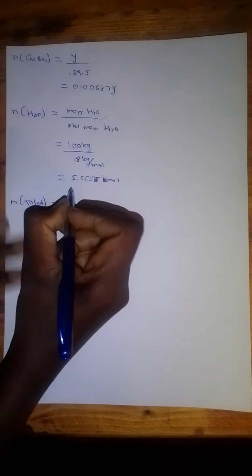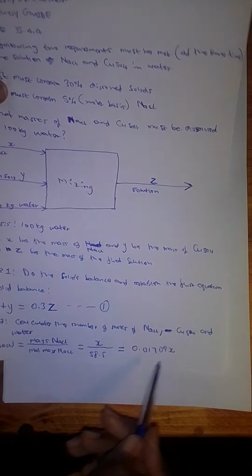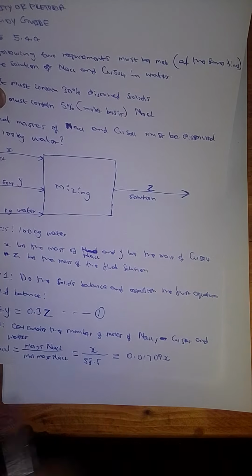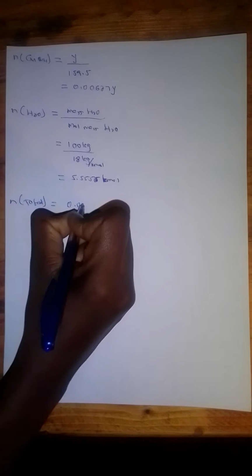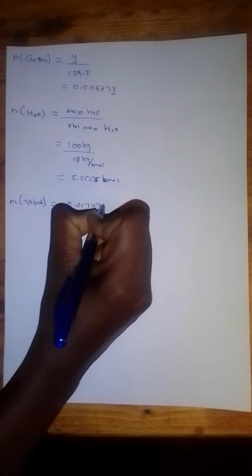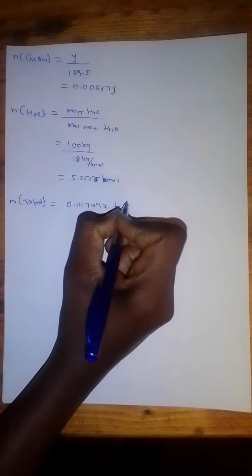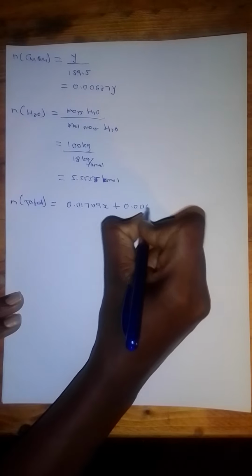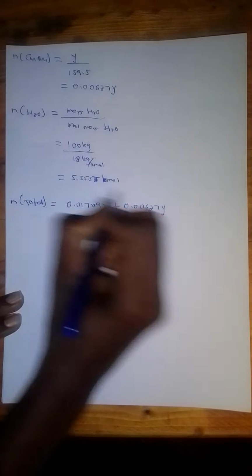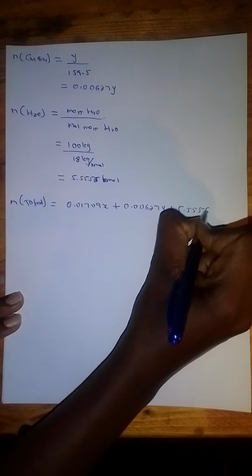So just to combine everything, let me say the total number of moles is equal to the number of moles of NaCl, which is 0.01709 X, plus the number of moles of CuSO4, which is plus 0.00627Y, plus 5.5556.